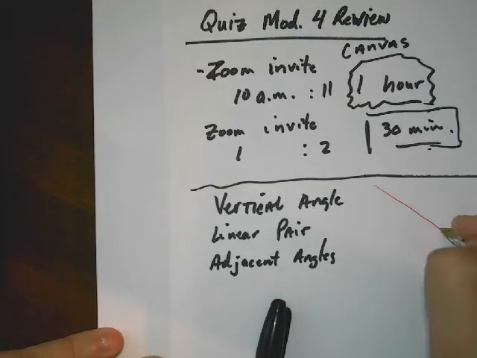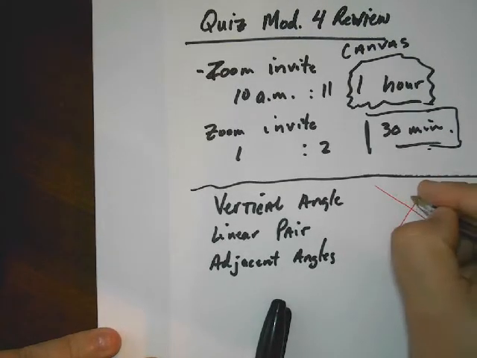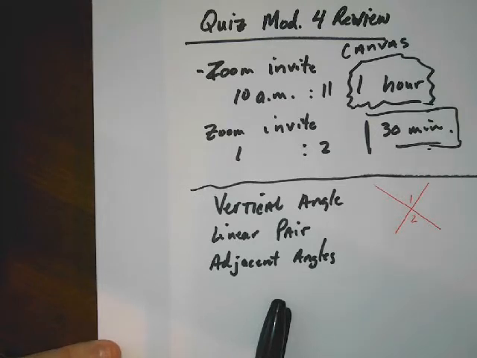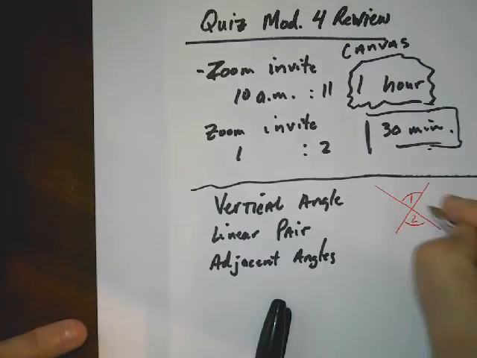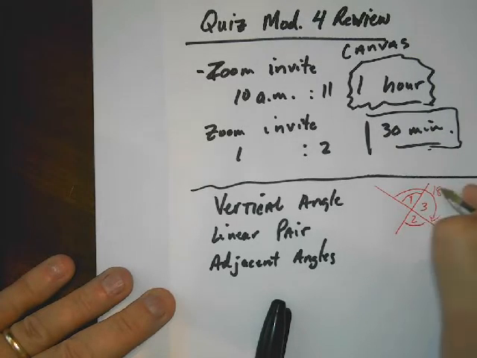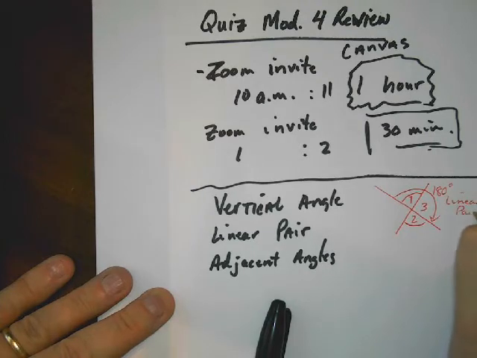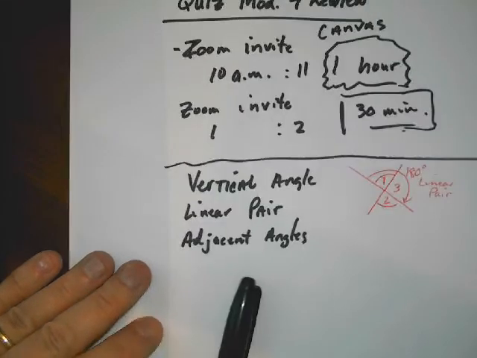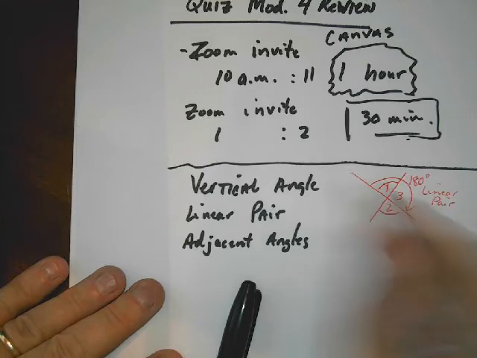A vertical angle is basically angles that are across from each other. So angle 1 and angle 2, these would be vertical angles. And we know that vertical angles are always congruent. Adjacent angles would be ones that are always next to each other. So 1 and 3 would be adjacent. They are not necessarily congruent, but we know that they add up to be 180 degrees if they are considered a linear pair. Okay, so we should know those definitions.